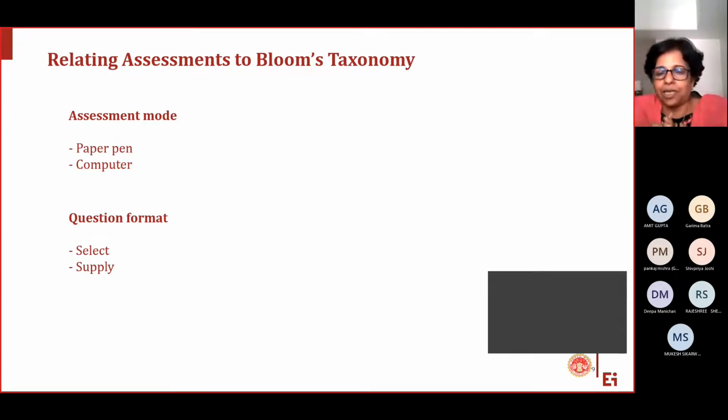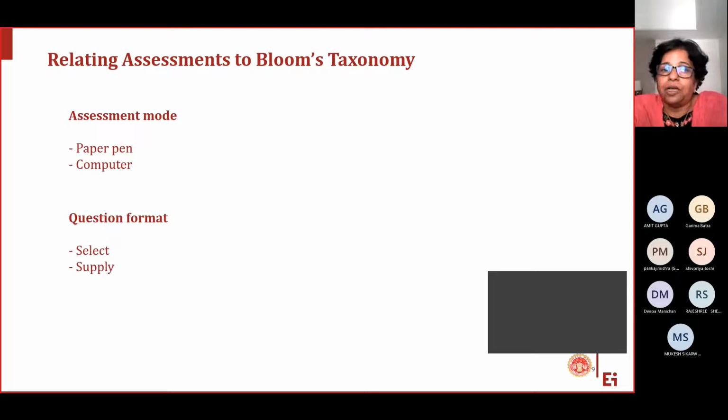Either the child selects one or multiple correct answers, or, if it is computer based, can drag and drop, match the following, and so on. According to the question format, there are only two types of questions: one in which the student selects a response, and one in which the student supplies the response.